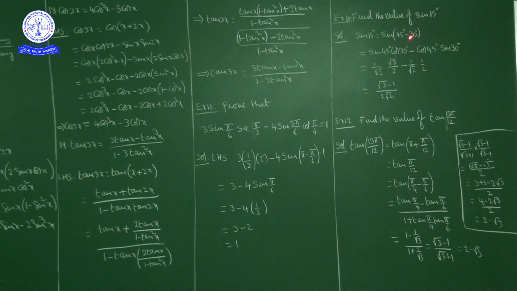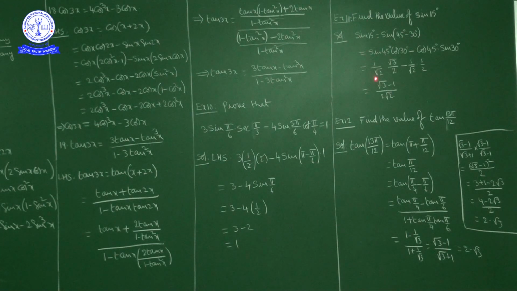Sine x minus y formula, sine x cos y minus cos x sin y, means in place of x we have 45 degrees, in place of y we have 30 degrees. So sine 45 degrees into cos 30 degrees minus cos 45 degrees into sin 30 degrees.